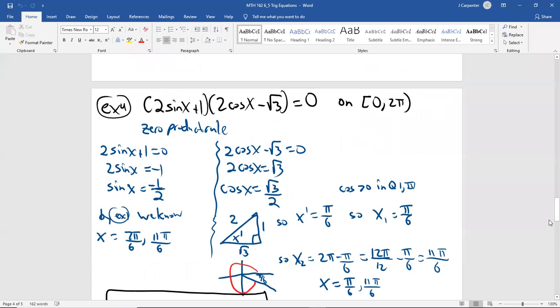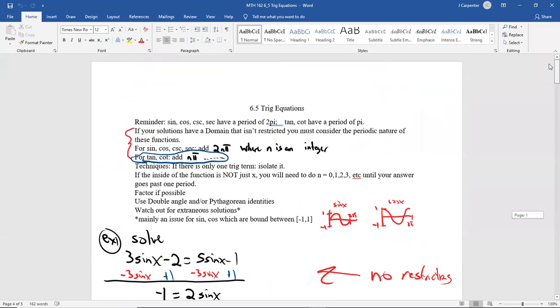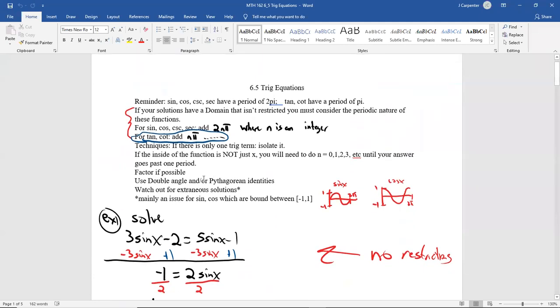So 6.5, trig equations. We gave you some reminders about the periods of these because this comes up in almost every problem. We went over some basic techniques, some of which have similarities to techniques when we were verifying identities. We said to watch out for extraneous solutions, which we have not had happen yet.